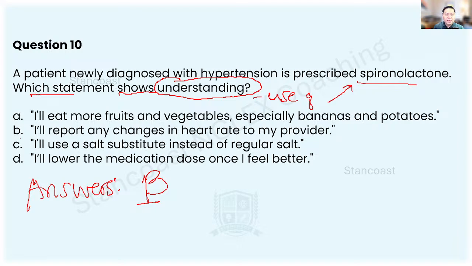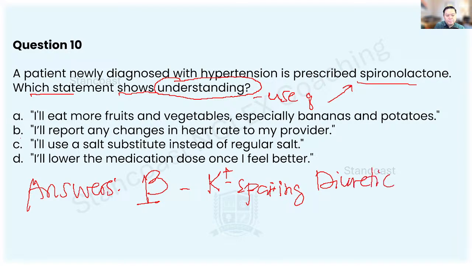Because if they are taking spironolactone, remember, guys, that spironolactone is a potassium-sparing diuretic. What does that mean? Potassium-sparing diuretic can conserve potassium. It can increase the potassium level in the bloodstream.